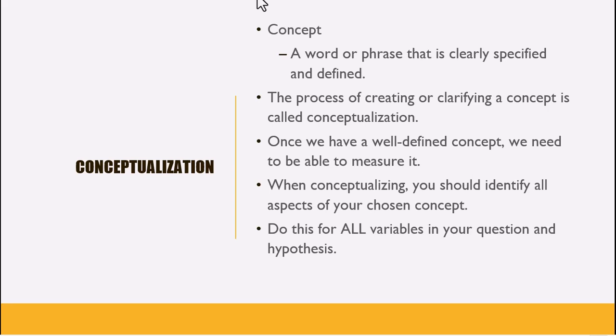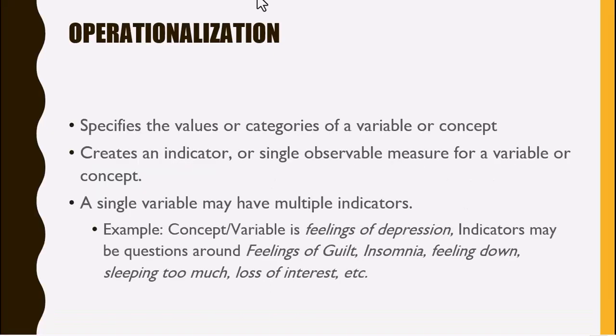That means I then need to go in and define, okay, what does it mean to attend class regularly? What does it mean to turn in your assignments on time? And what does it mean to get good grades? Once I have then very clearly and narrowly defined those three ideas, those three aspects of my overall concept of good student, then I can move on to talking about how to measure them.